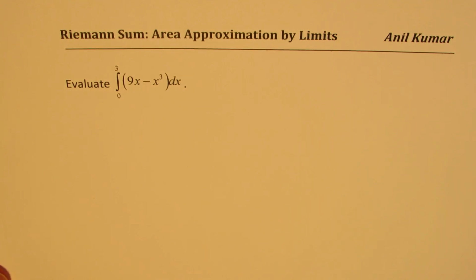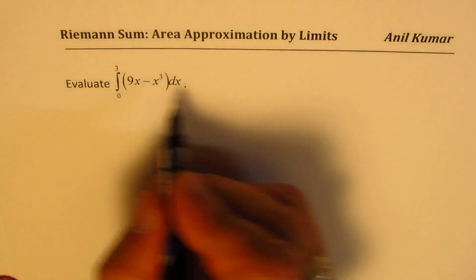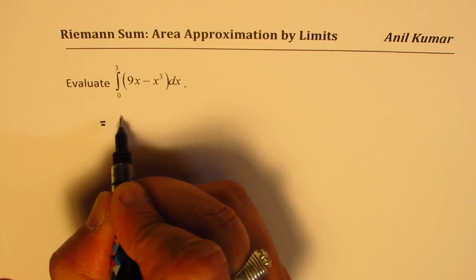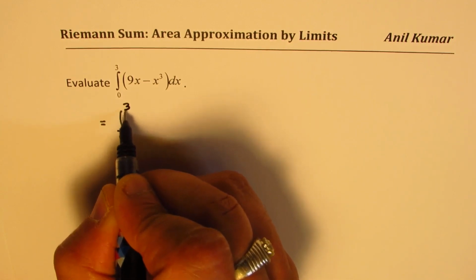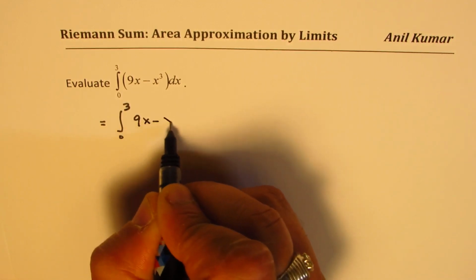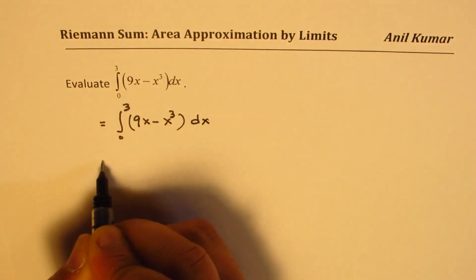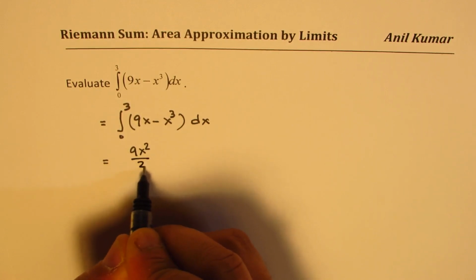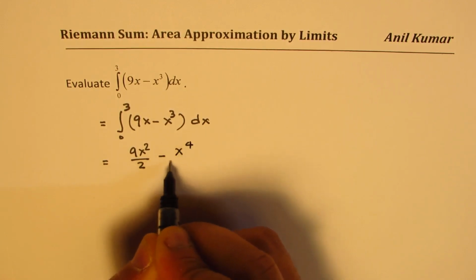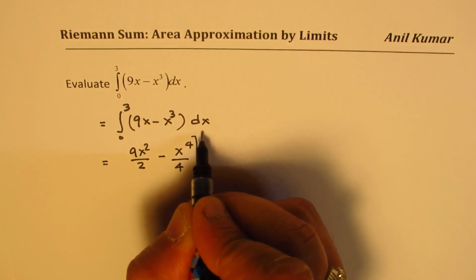So we need to find the integral of the same function from 0 to 3. So this could be written as the integral from 0 to 3 of 9x minus x cubed dx, correct? So that is 9x square over 2 minus x to the power of 4 over 4, from 0 to 3.